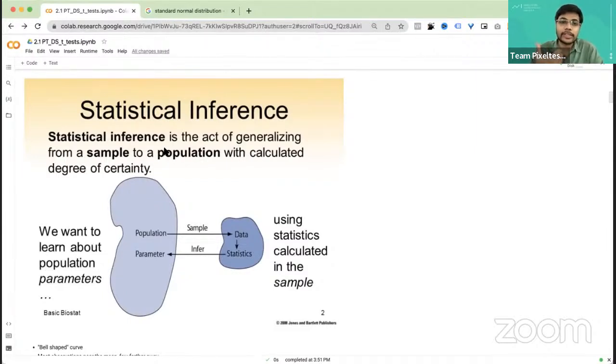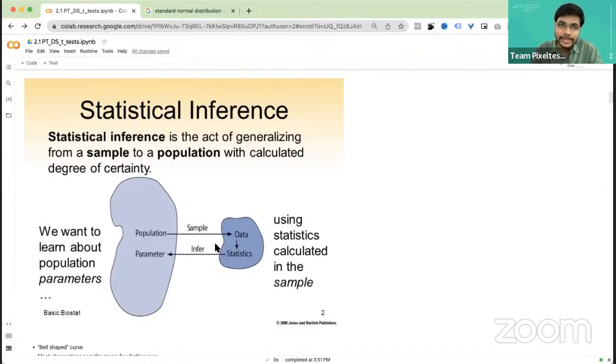And in that, statistical inference is the act of generalizing from a sample to a population. Meaning, for example, we wanted to do an election campaign, to come up with the probability of somebody winning, right? In a whole bigger population, it is very difficult to actually go and survey everyone. In that case, we use statistics and do the analysis on sample data, right?